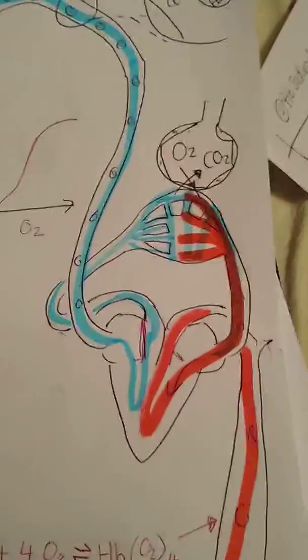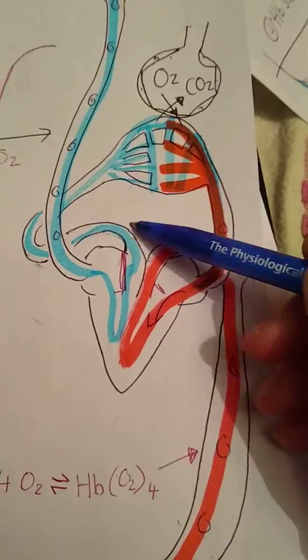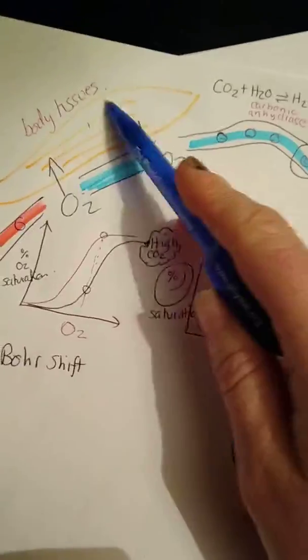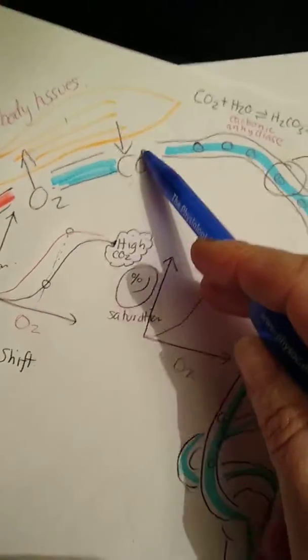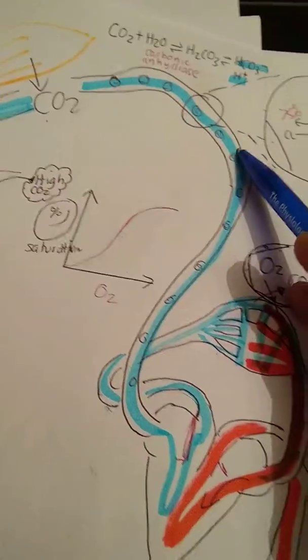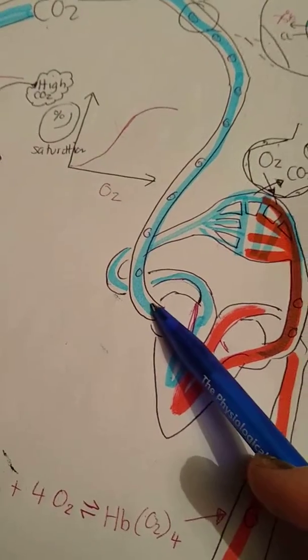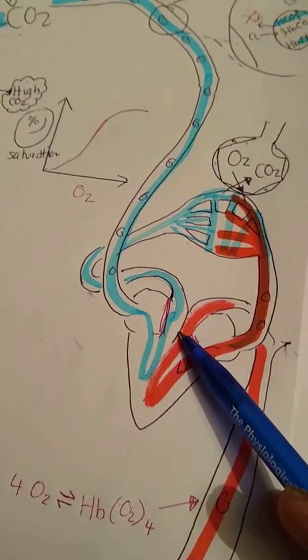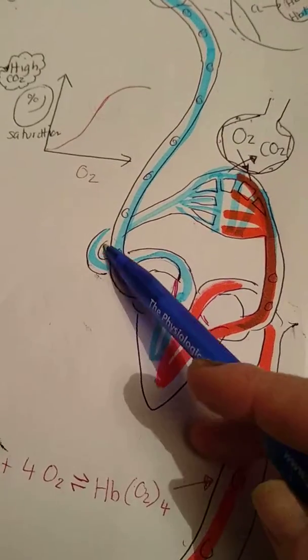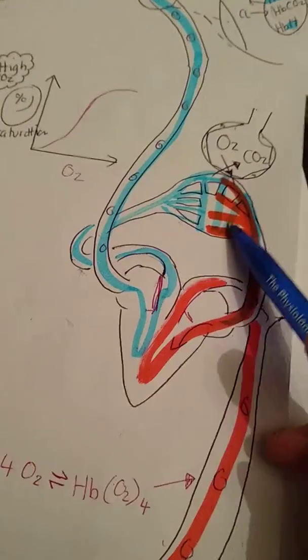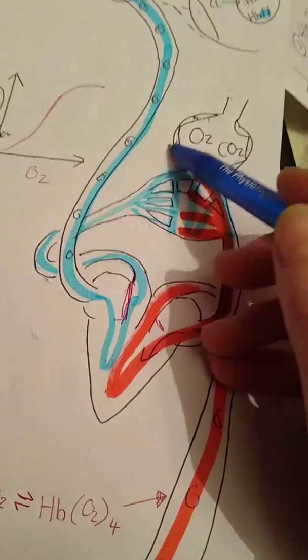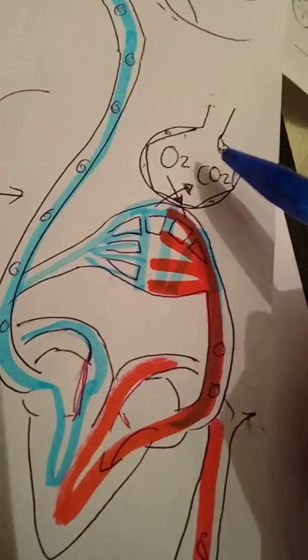Okay, so we've got the heart here pumping blood, and so we've got blood coming from the body tissues, which is deoxygenated and is carrying carbon dioxide to the heart in through a vena cava, up and out through the pulmonary artery to the capillary bed in the lungs, where we have gas exchange happening at the alveoli.